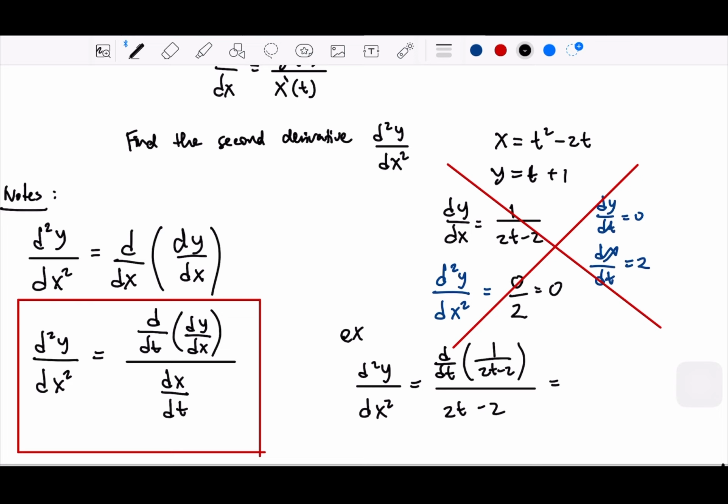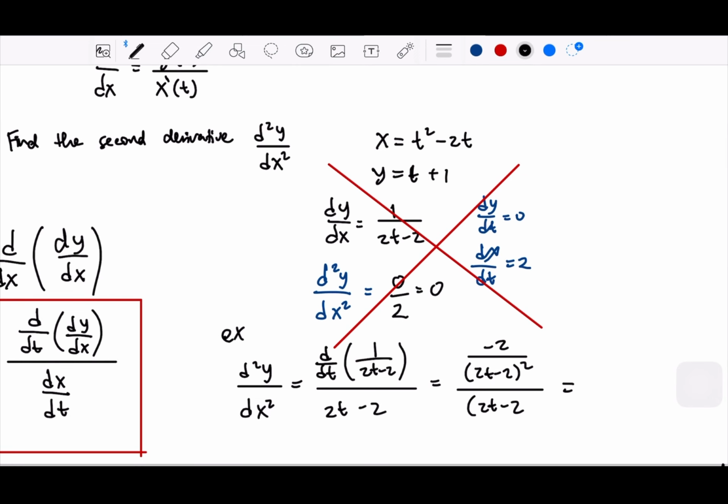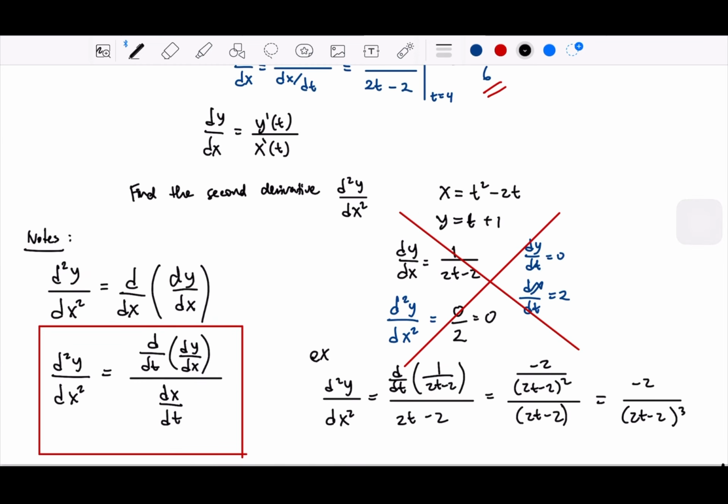And the derivative of this is minus 2 times 2t minus 2 to the power of minus 2, and then divided by 2t minus 2. Or this will be minus 2 over 2t minus 2 cubed. And that's the result of the second derivative.